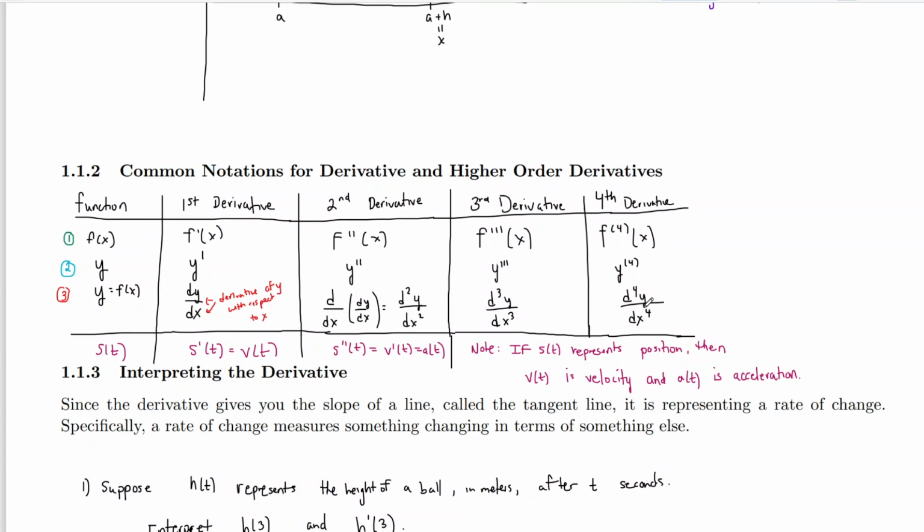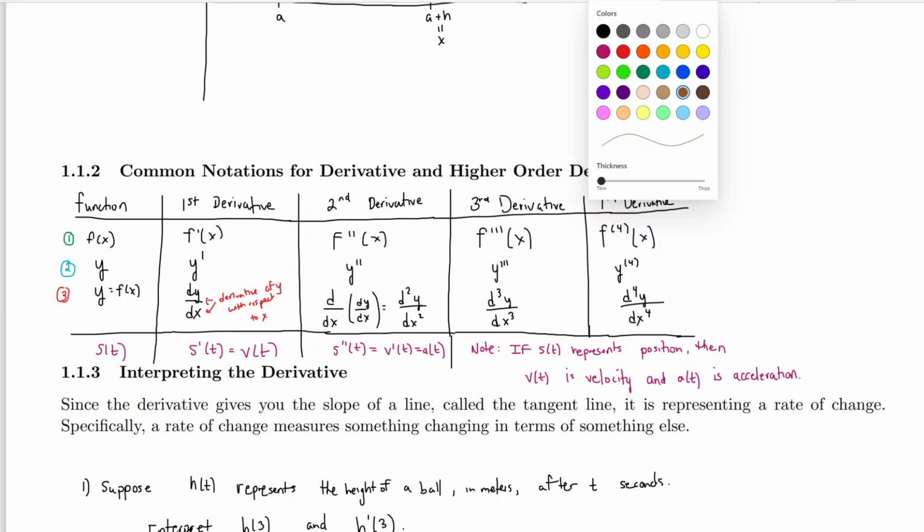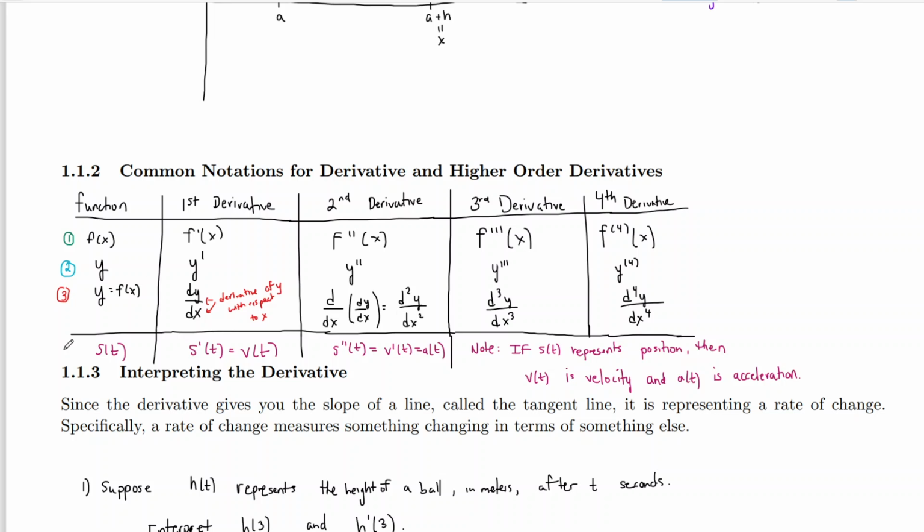Now, one that's very special, especially if you're doing physics or some kind of visual understanding of our function, you have very special names for the first and second derivative. And the last one here, I used a different color on purpose. If we use s of t to represent the position of something, so this could represent the height of a ball thrown in the air, something going around in a circle, just really anything moving. The position can represent that.